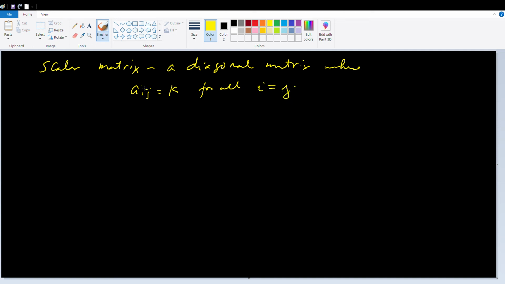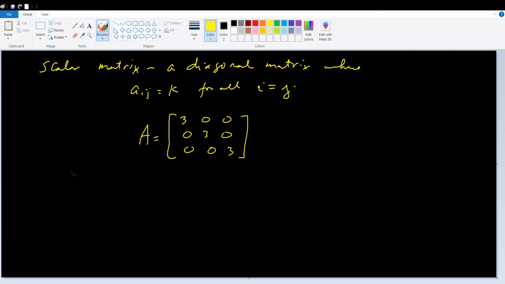So a scalar matrix is a diagonal matrix, meaning to say it is a square matrix and all elements are 0 except for those along the main diagonal. And not only that, the entries along the diagonal are equal. So 3, 0, 0, 0, 3, 0, 0, 0, 3. Okay?